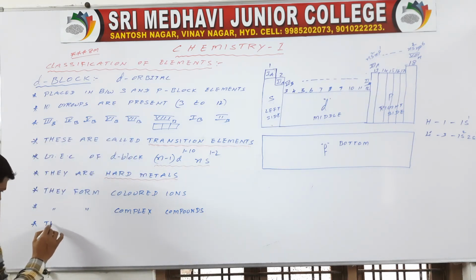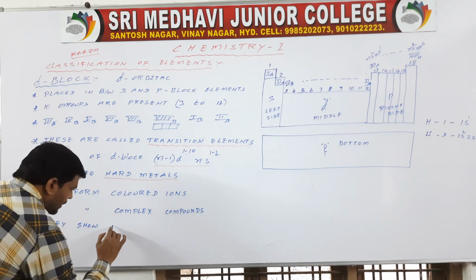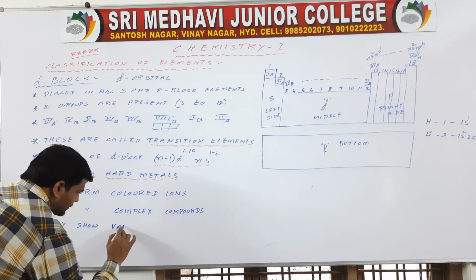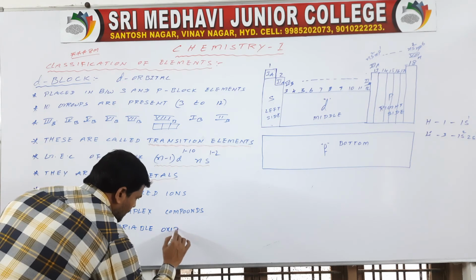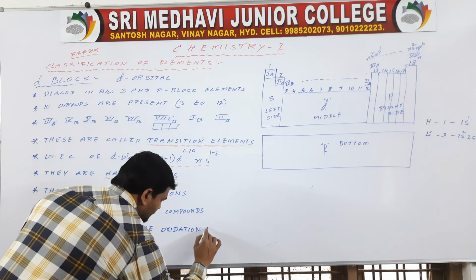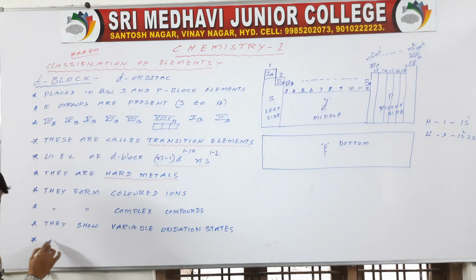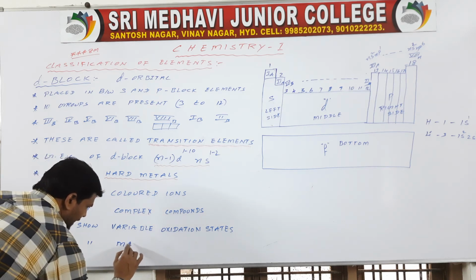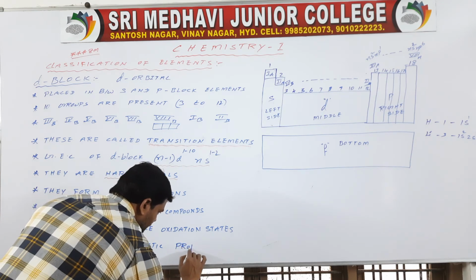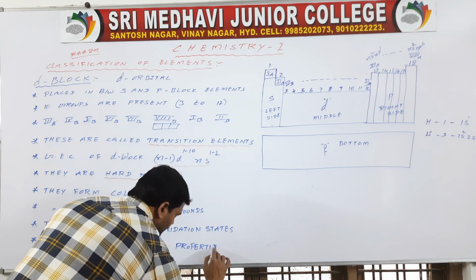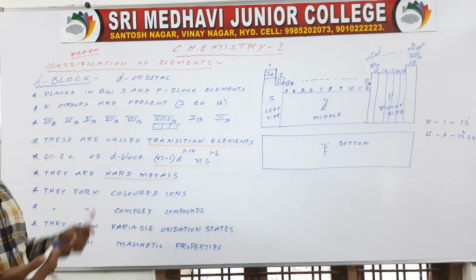Next, they show variable oxidation states. They show magnetic properties. Okay, these are typical properties of d block elements.